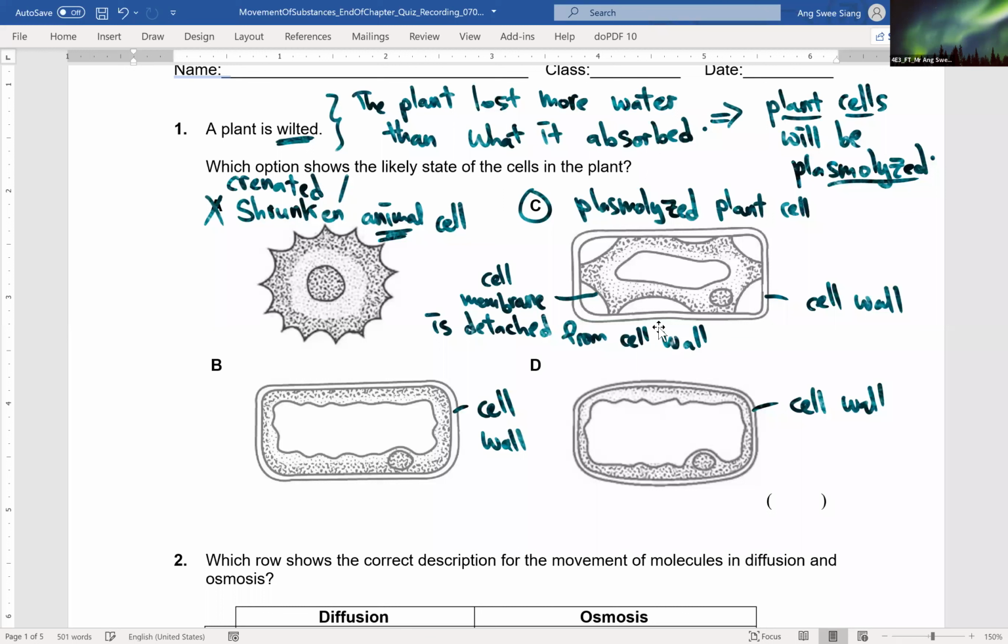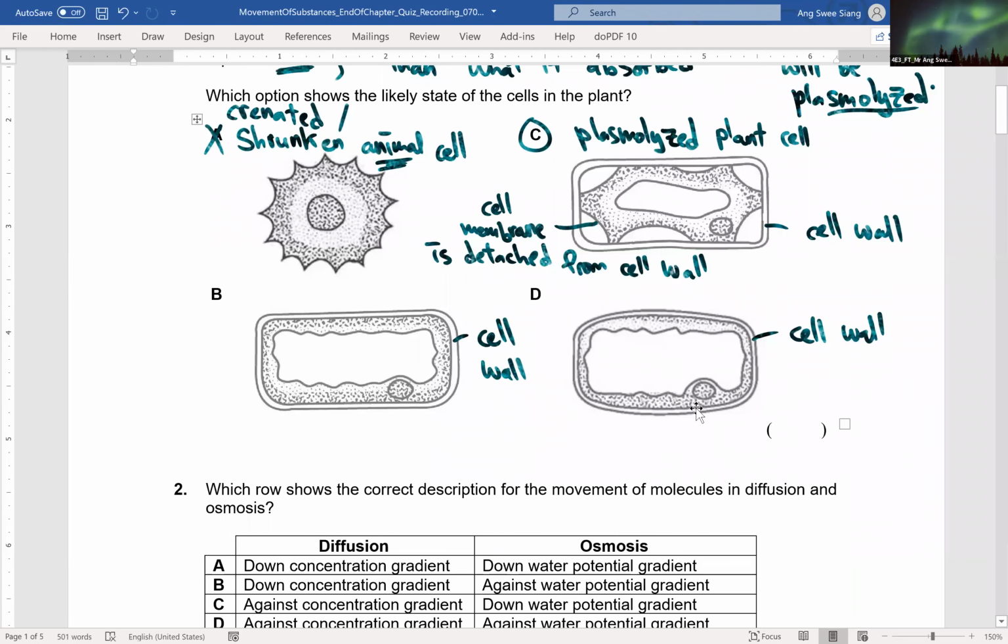Then for D, you see that the plant cell is a bit rounded, a bit larger in size. So that will be a turgid plant cell. Turgid, we use to describe plant cells. Then B will be a normal plant cell, not turgid, not plasmolyzed.